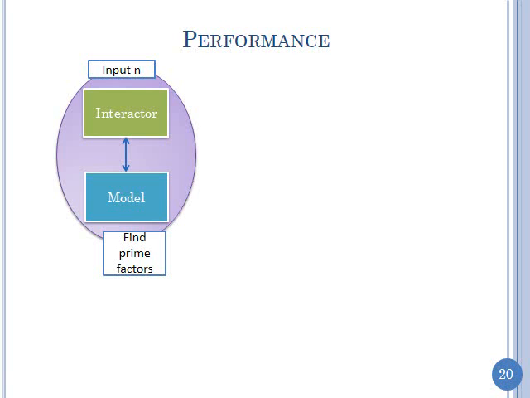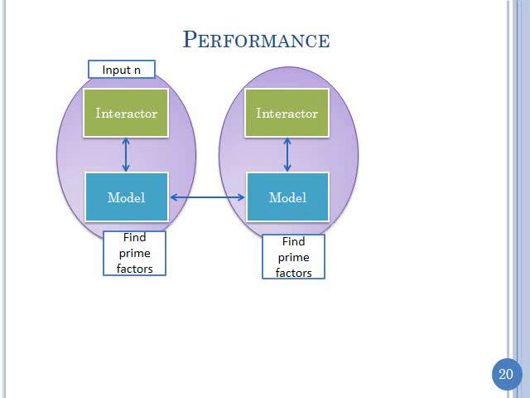Okay, and now what are we doing? Finding it once takes a long time, and we are making n computers compute prime factors. So from a performance point of view, people always say, oh, replicated architecture is always more efficient, and maybe not.